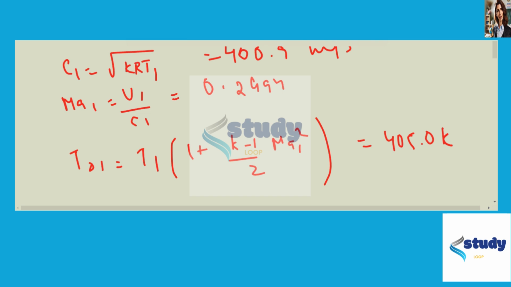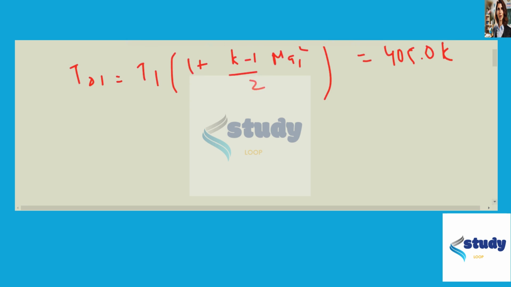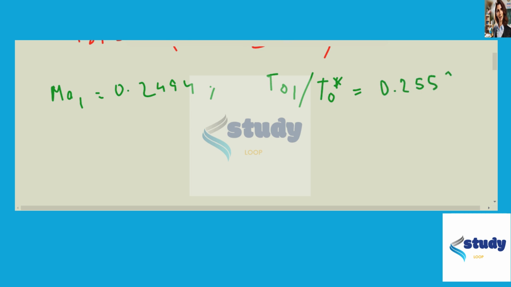The Rayleigh flow functions corresponding to the inlet and exit Mach numbers can be taken from our table A34. For Ma1 equals 0.2494, the Rayleigh flow function T01 upon T0 star, for the inlet, equals 0.2559.